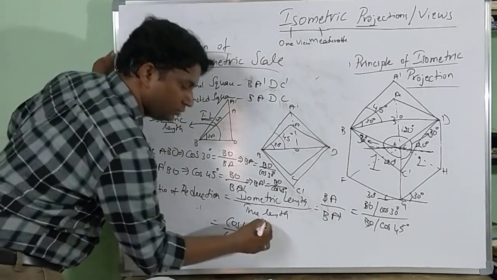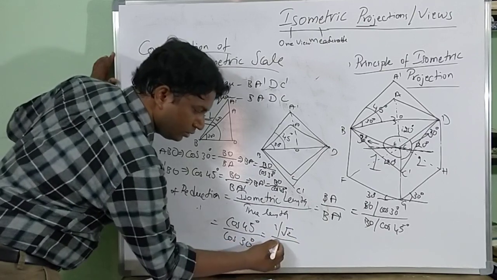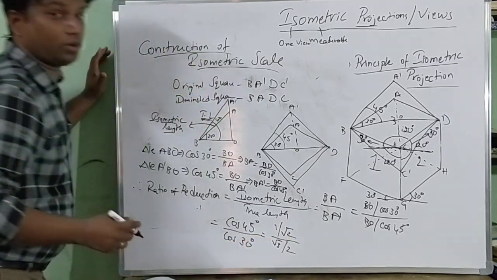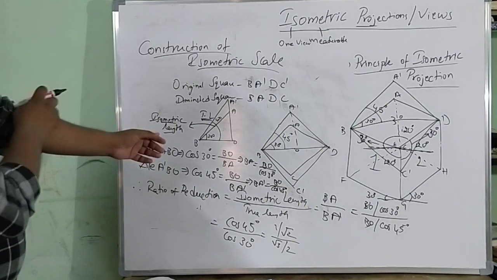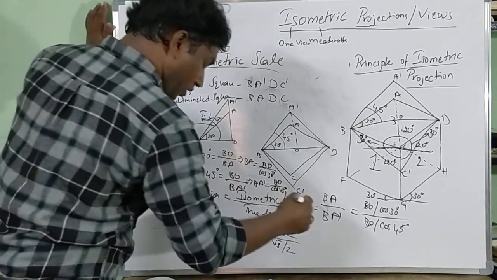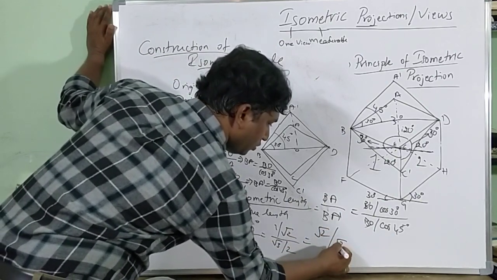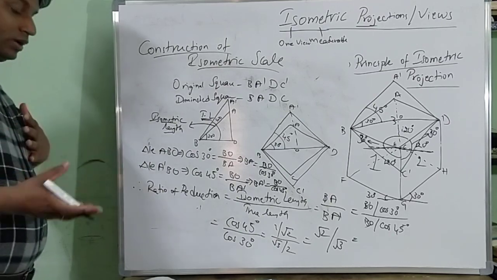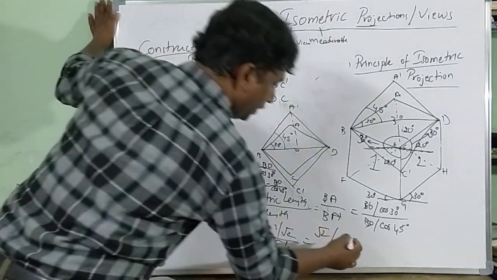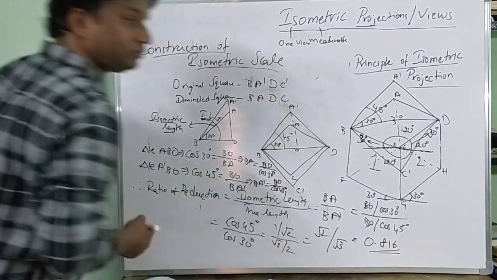Cos 45 is 1 by root 2. Cos 30 is root 3 by 2. Hope you remember. Finally, you get root 2 by root 3. When you put it in the calculator, this will be equal to 0.816.